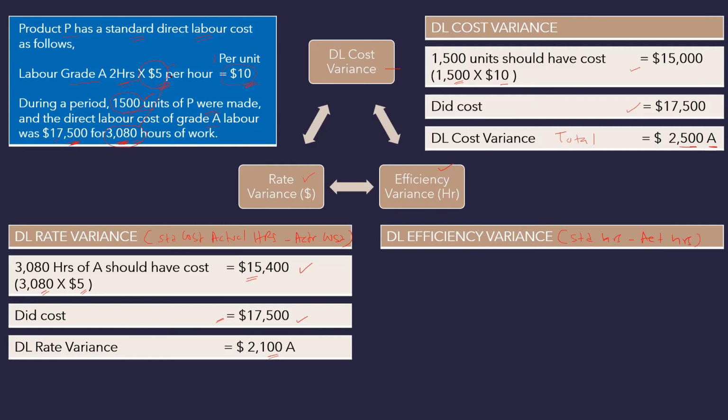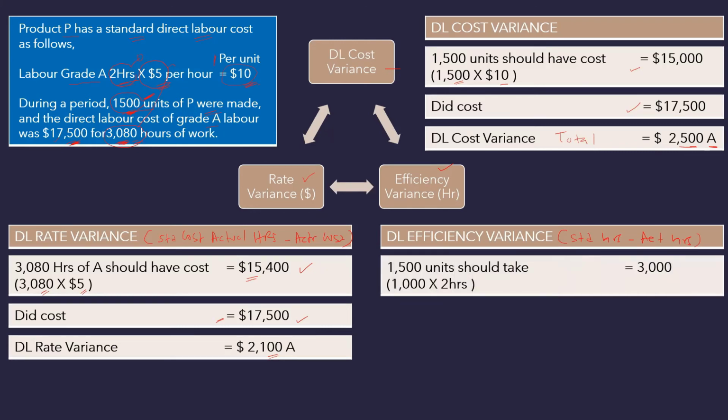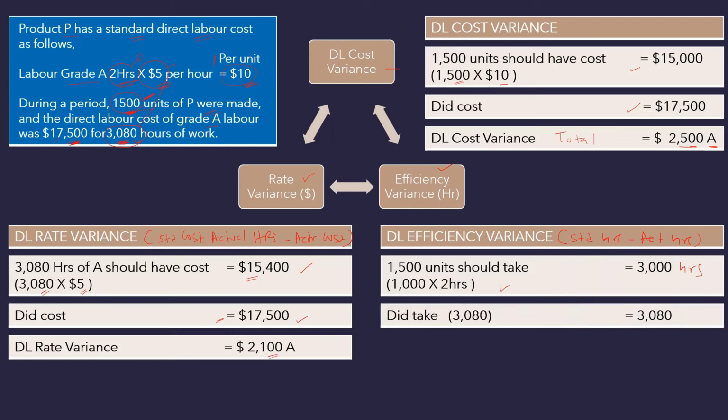Now, we should have used 2 hours to produce one unit. On 1,500 units, how much should we have used? 2 hours times 1,500, which is 3,000 hours, right? So 1,500 units should take 3,000 hours. But how many hours were used? It did take 3,080 hours.